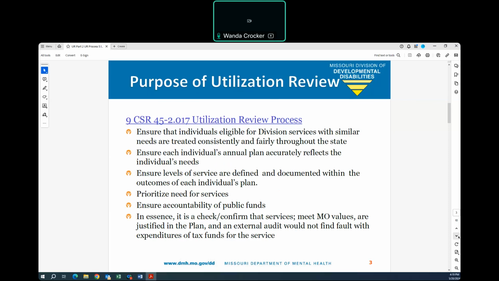Prioritize the need for service. And ensure accountability of public funds. In essence, it's a check, confirmation that services meet Missouri values, are justified in the plan, and an external audit would not find fault with the expenditures of tax funds for the services.